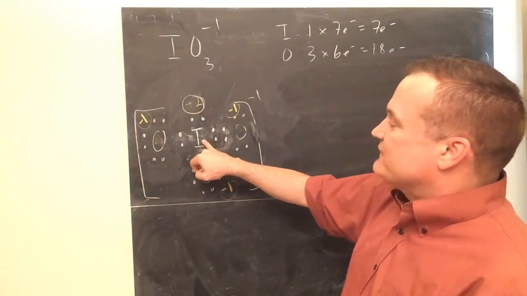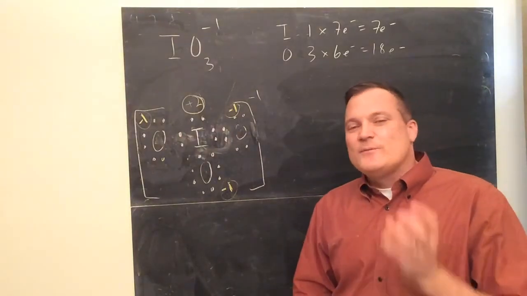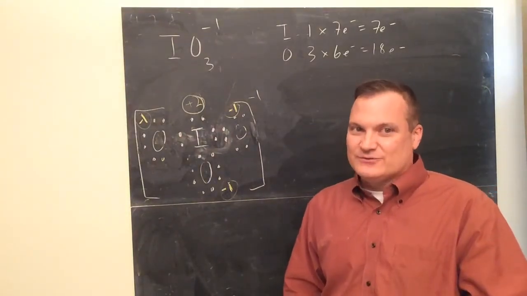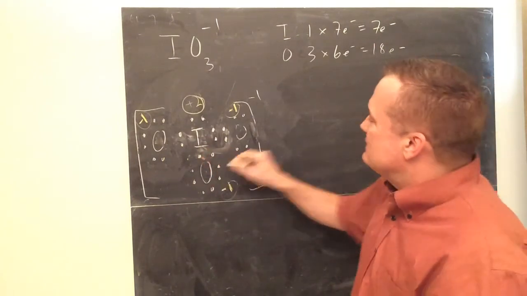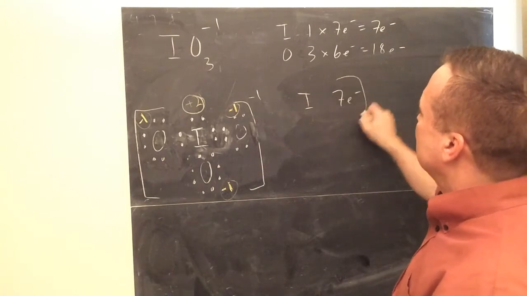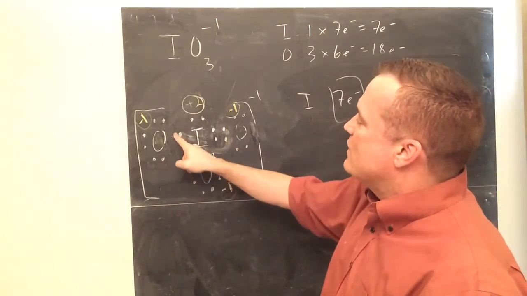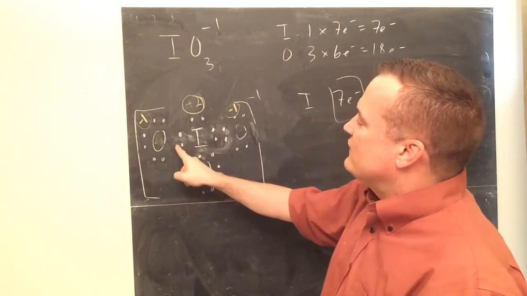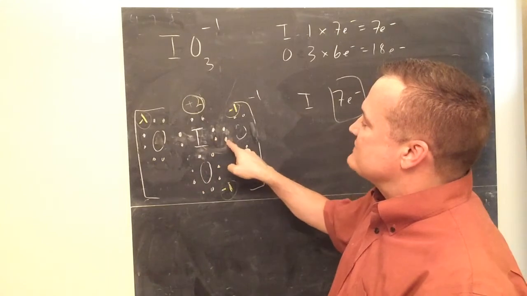Iodine now has more than 8 electrons, so when you do formal charge, you will break the octet rule. But now iodine still has 7 valence, minus the number it can claim now. It can claim these 2, 1, 2, then half of those, 3, 4, and then 5, 6.